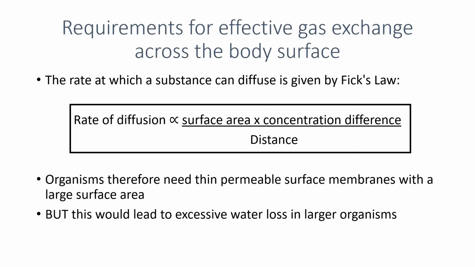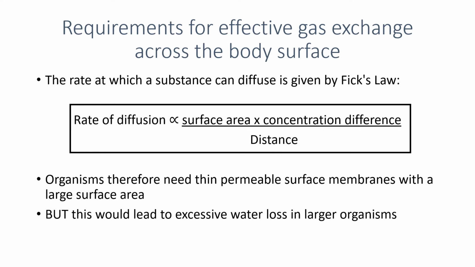Remember, when we talk about gas exchange, and we've done a lesson on this at the start, if you haven't seen it, go back over the presentation on gas exchange, but it's all about Fick's law. It's all about increasing your surface area, increasing your concentration difference, and making sure that the exchange distance is the lowest possible.